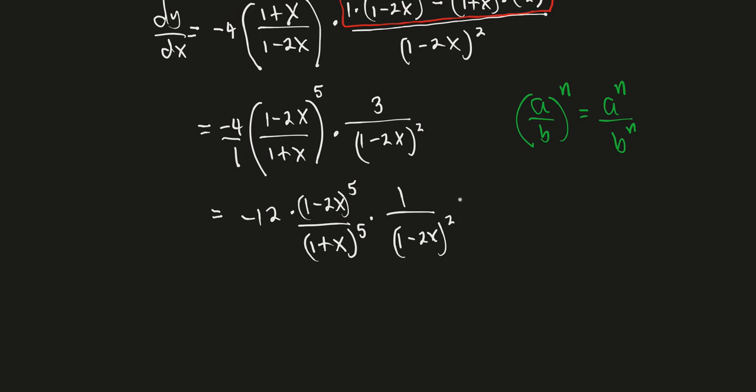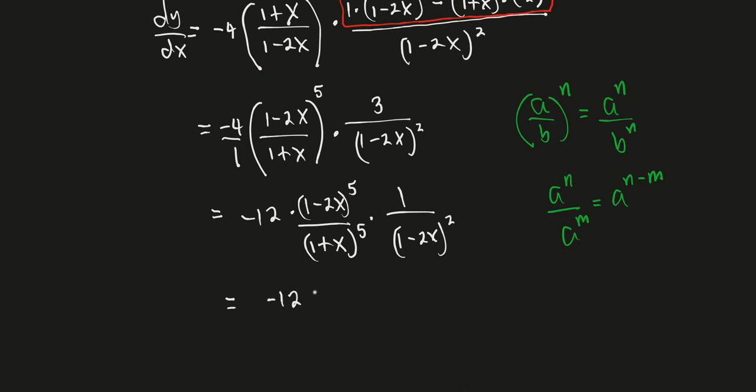So what do we do with those powers? Again, properties of exponents. If I have a to the n over a to the m, then this is the same as a to the n minus m. So I essentially can subtract those powers and end up with 1 minus 2x to the 3rd power, which is going to be still in the numerator. So, I mean, we're making really good progress here, and this is probably as far as I will go.